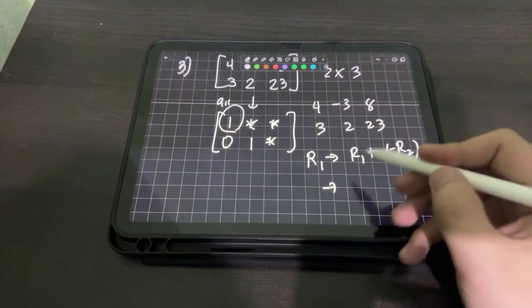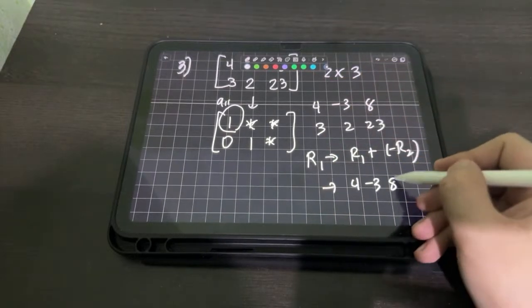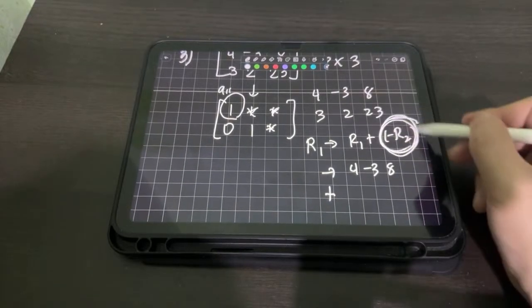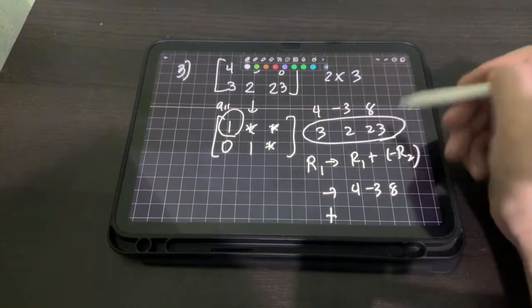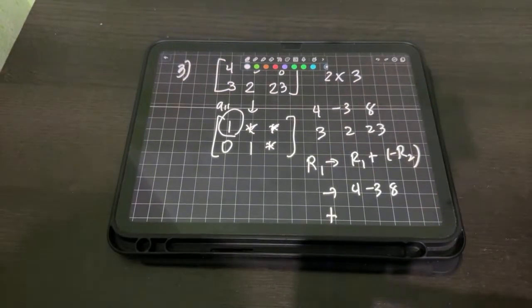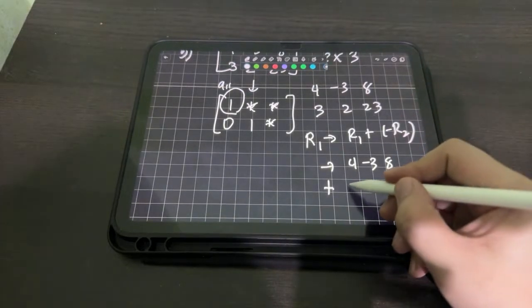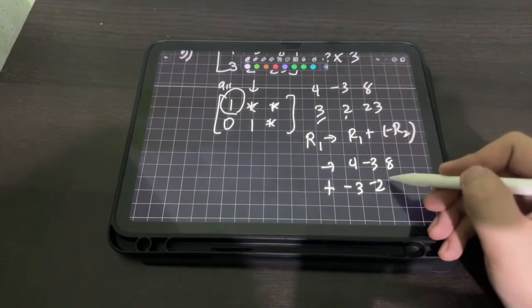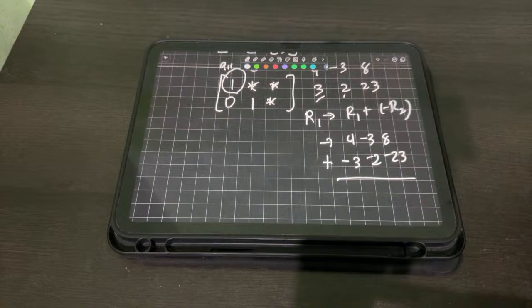If we do this, we will have 4, negative 3, 8, plus the negative of the entries in R2. So that will be negative 3, negative 2, negative 23.